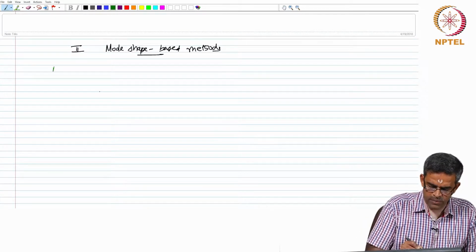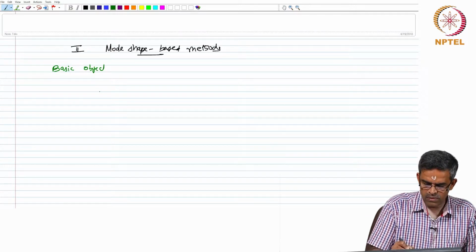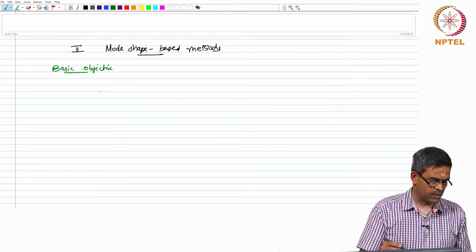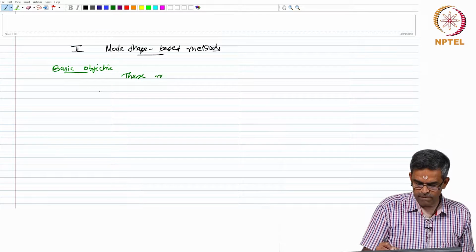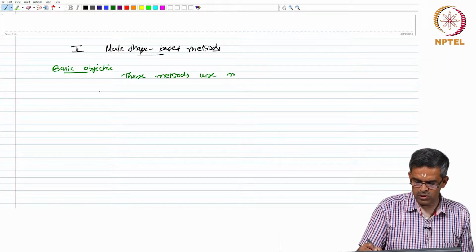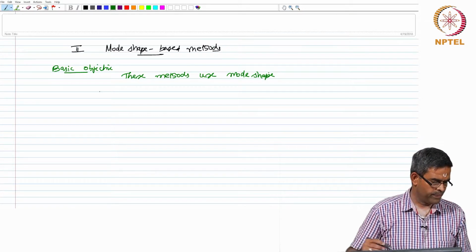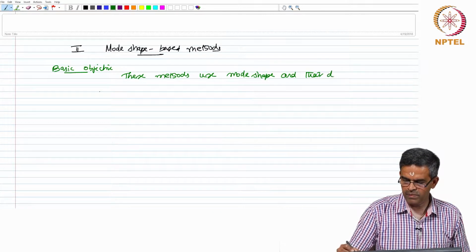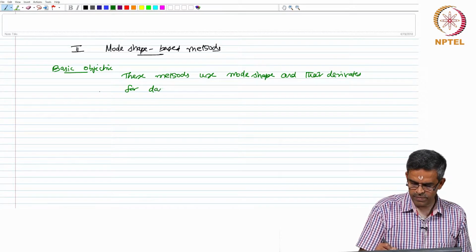The basic principle of these methods is that they use mode shapes and their derivatives for damage detection.